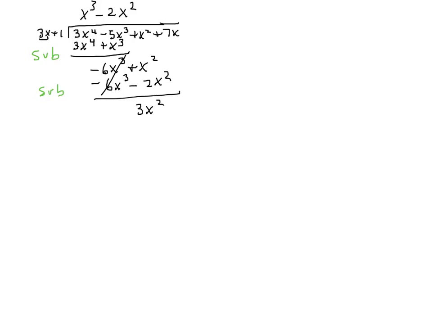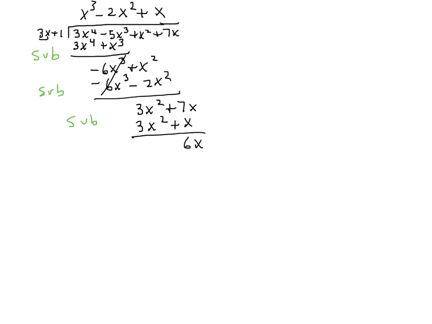I bring down my 7x. 3x times what is x squared? And that would be positive x. And that gives me 3x squared plus x. I subtract. And 7x subtract 1x is 6x.